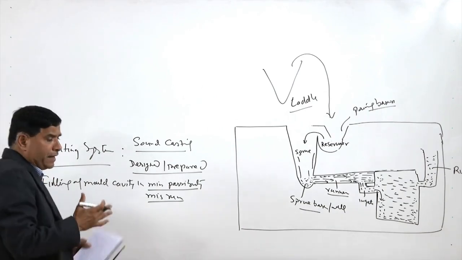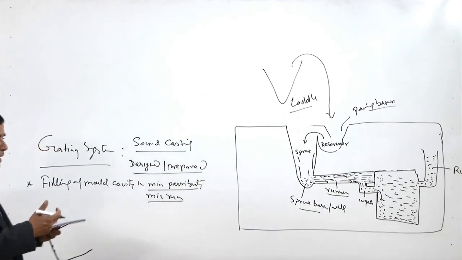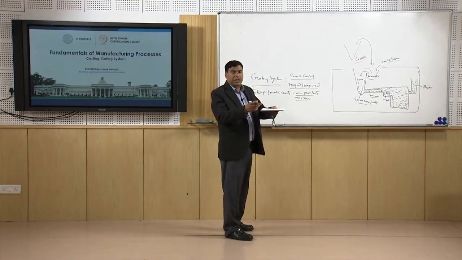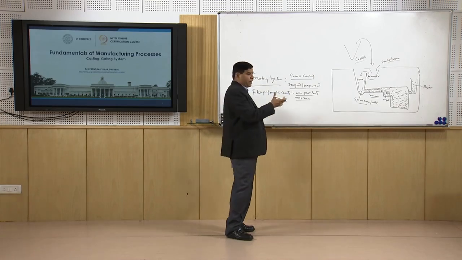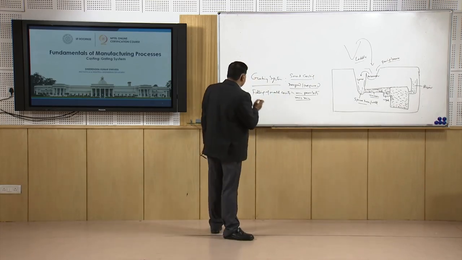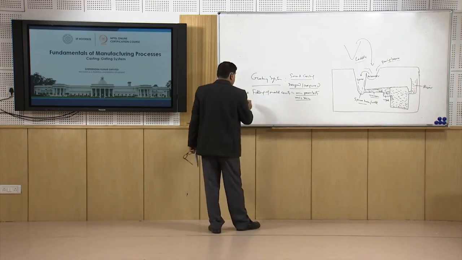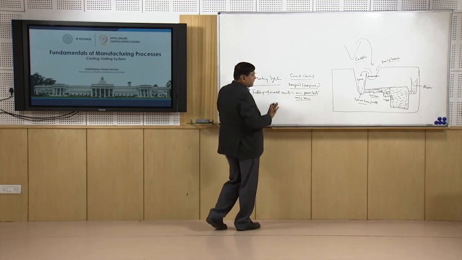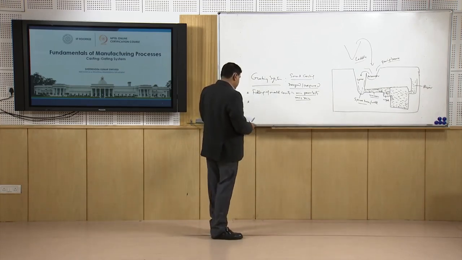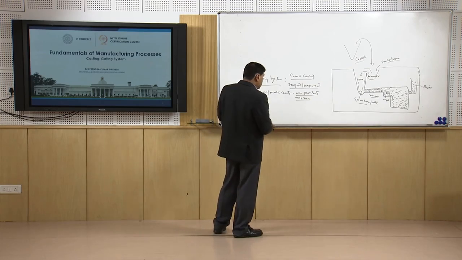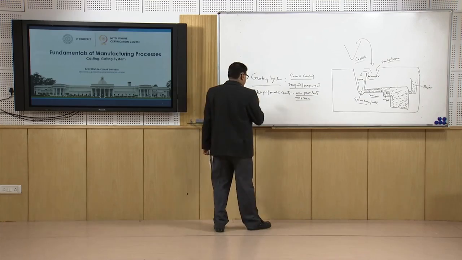If it is taking a very long time, then the temperature of the molten metal may reduce significantly, and in that case the streams coming from the two sides may not fuse together, and that may lead to defects like cold shuts. So, filling of the molten metal in the minimum possible time is really important, so that the molten metal at the correct temperature reaches the different sections before the commencement of solidification. So, the entire zone, all the sections, are filled effectively by the molten metal.